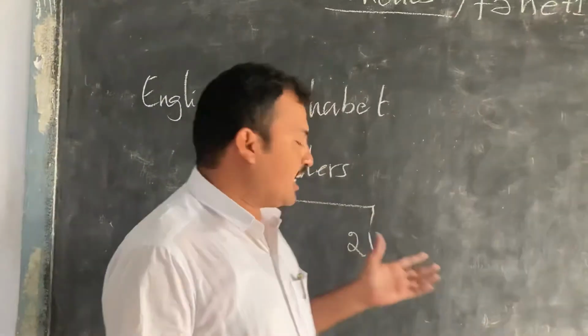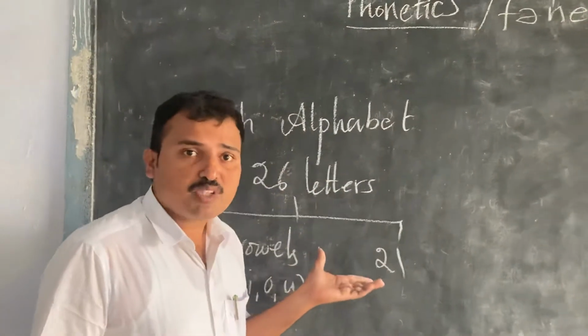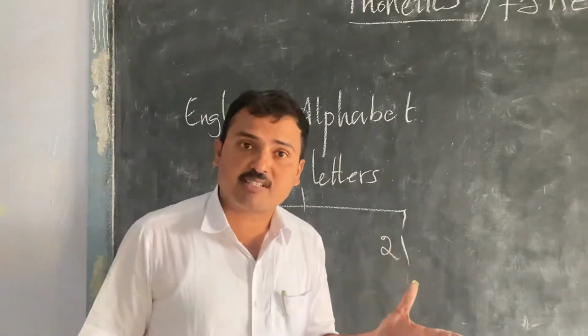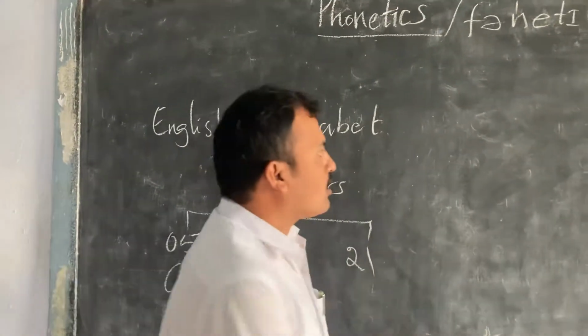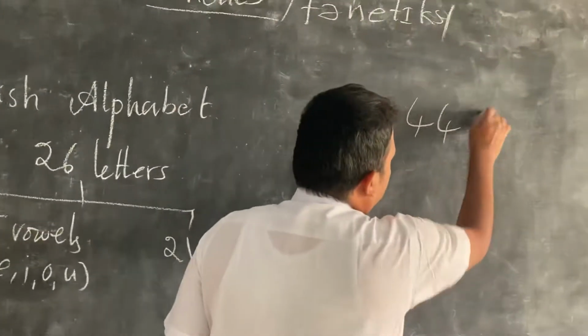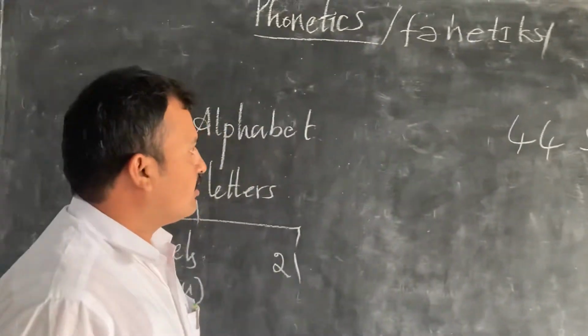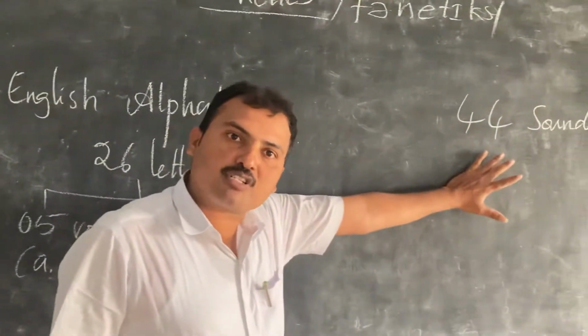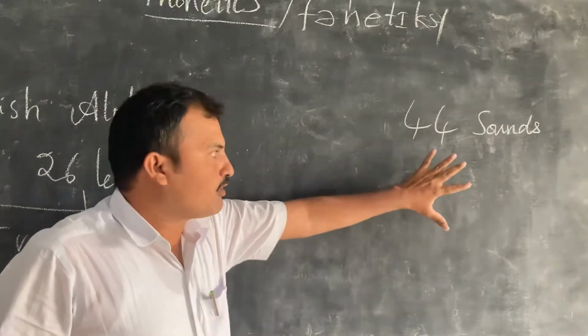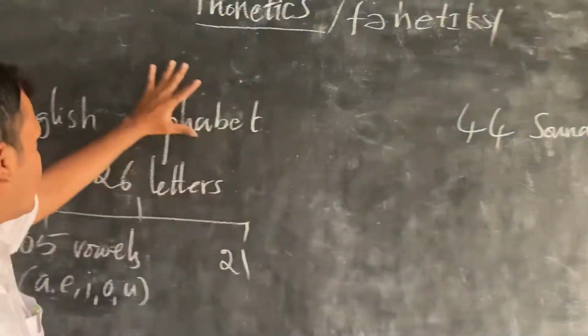However, these 26 letters are not adequate to represent all the 44 sounds that exist in the English language. See, we have 44 sounds, and for the 44 sounds we have just 26 letters.